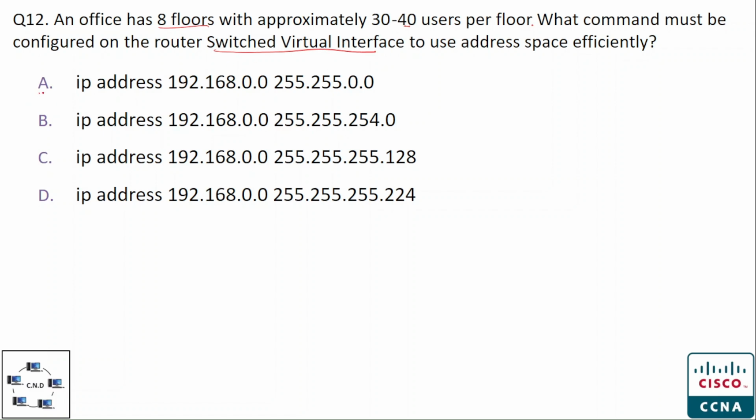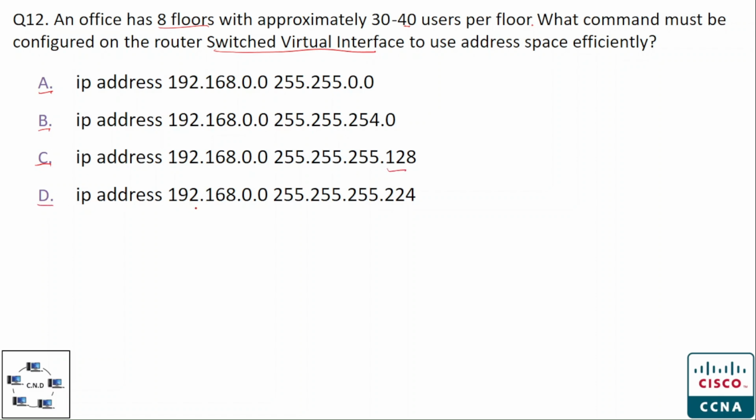The options are: Option A, IP address 192.168.0.0 and subnet mask 255.255.0.0. Option B, IP address 192.168.0.0 and subnet mask 255.255.254.0. Option C, IP address 192.168.0.0 and subnet mask 255.255.255.128.